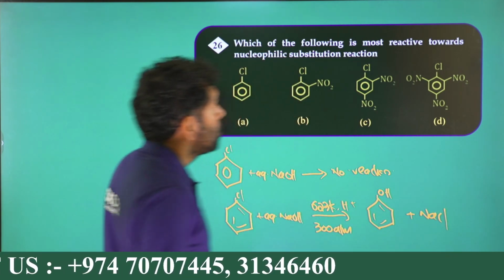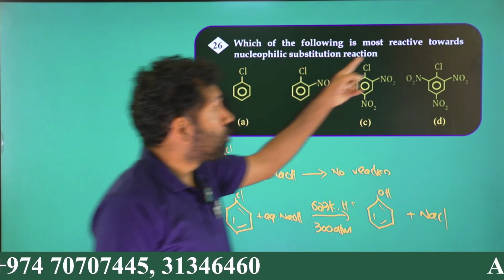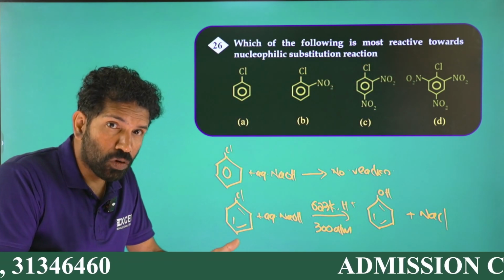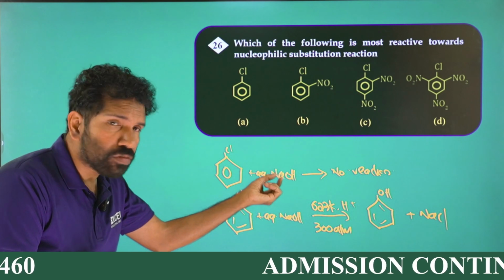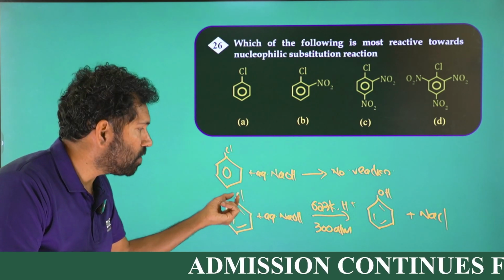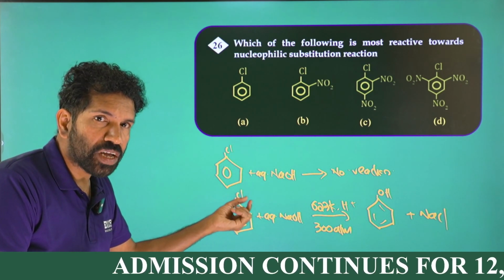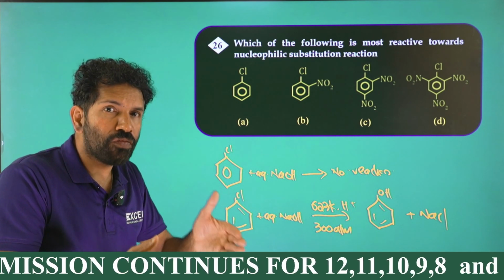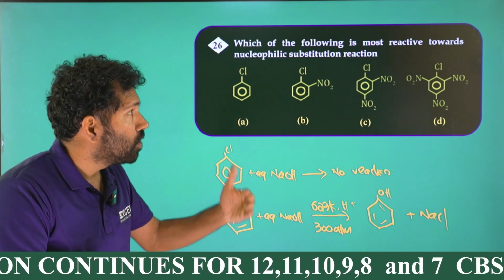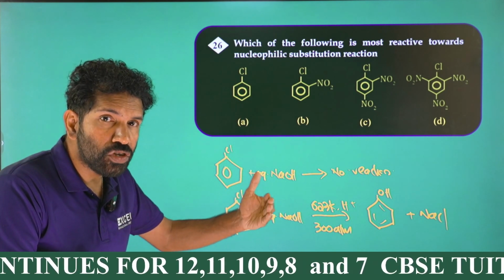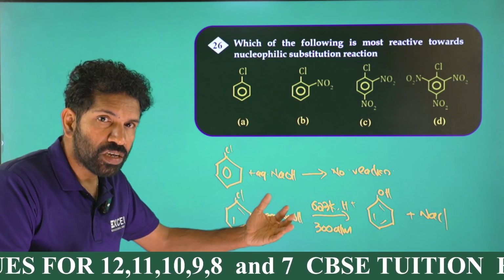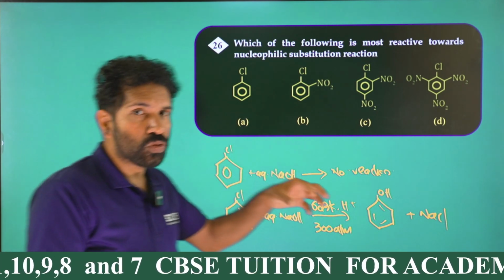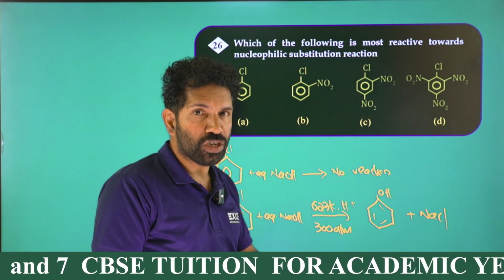Now see, this reaction is called a nucleophilic substitution reaction because here OH minus is coming and replacing Cl minus. Normally aryl halides are less reactive, but we can increase the reactivity of aryl halides towards nucleophilic substitution reaction by introducing an electron withdrawing group at ortho and para positions.